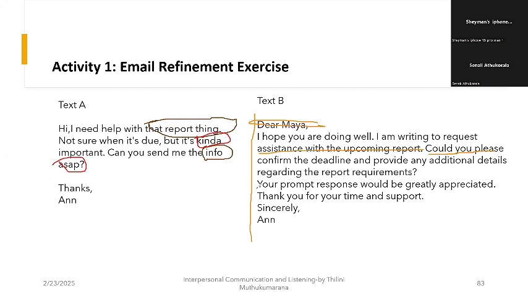And also it concludes the way you wind up, I mean, end, right? It has a very courteous, polite tone. You mentioned the word polite, right? Thank you for your time and support. It shows politeness. And the tone overall, you can see, is very professional.